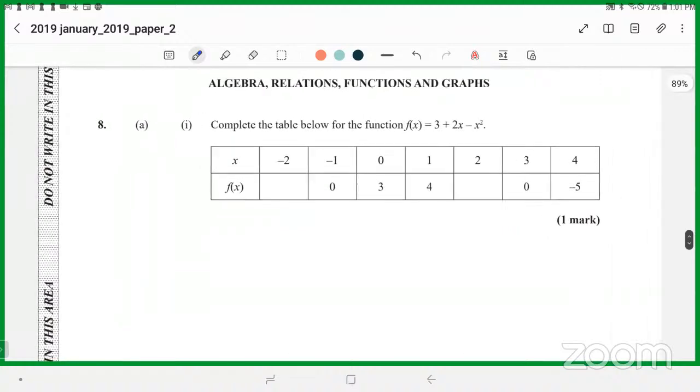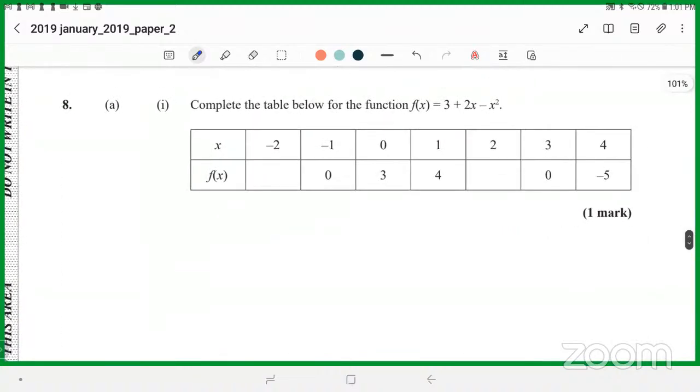We're going into section 2 now. This question says, compute the table for this function, a quadratic function. Remember, a quadratic function is symmetrical. The square term is negative, so we know it's going to have a frown shape. These x values go up by the same interval of 1, so the y values have to be symmetrical.